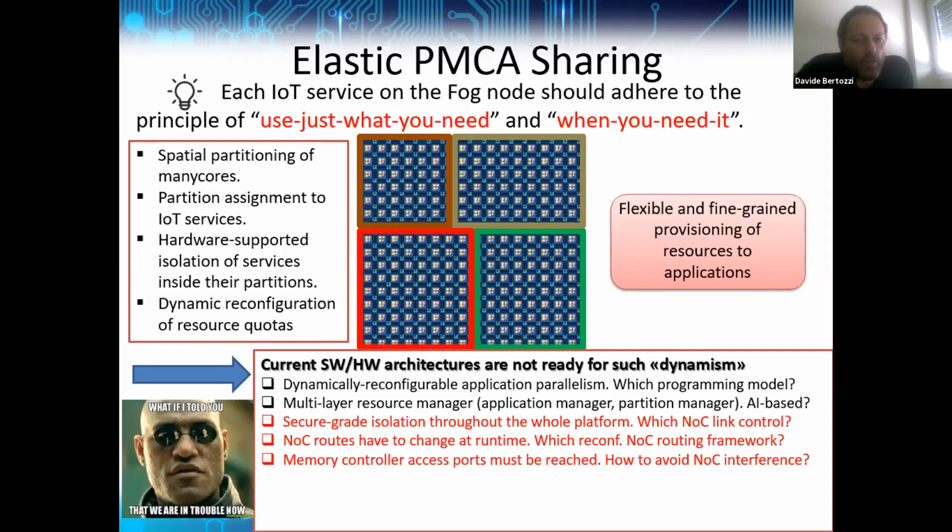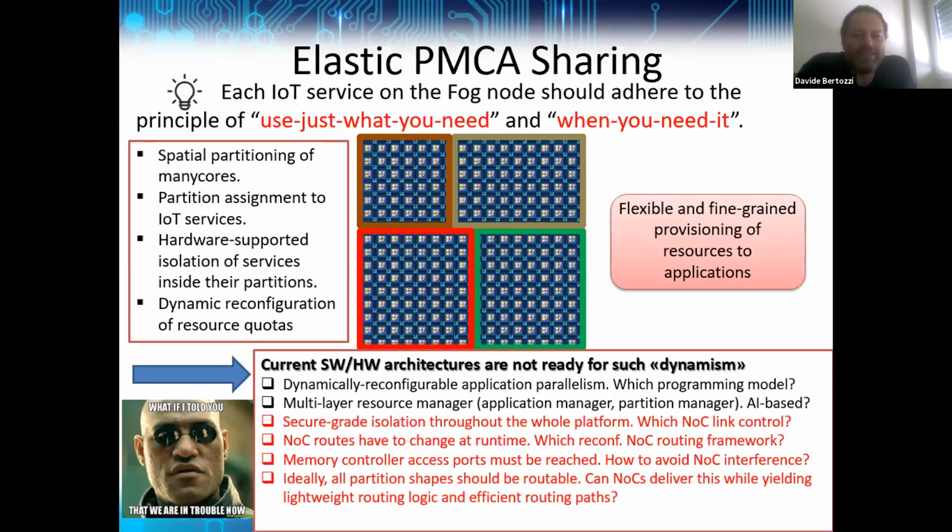And one solution would be to reach them through invasion of other partitions, but this is at odds with security requirements. So how to avoid network on chip interference while still being able to access memory controller access ports that are instantiated at the boundary?